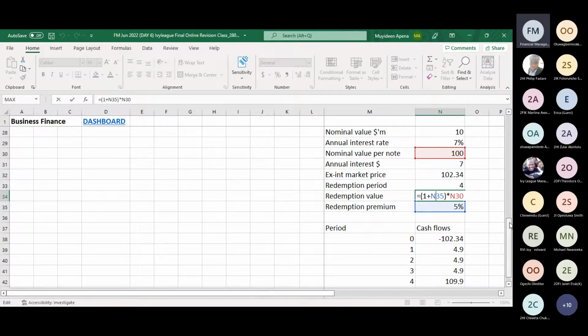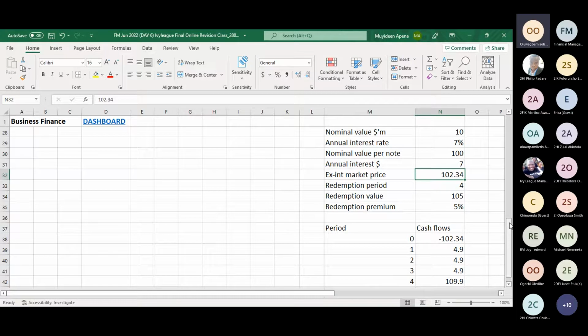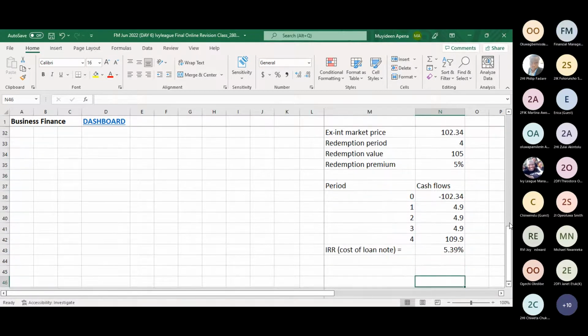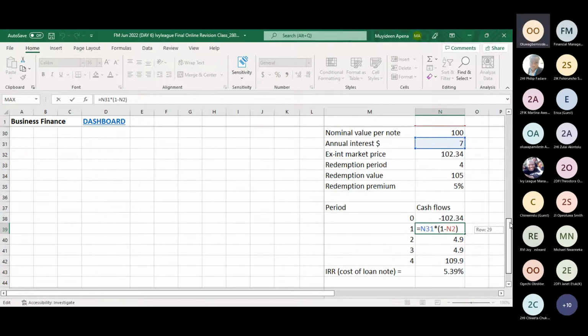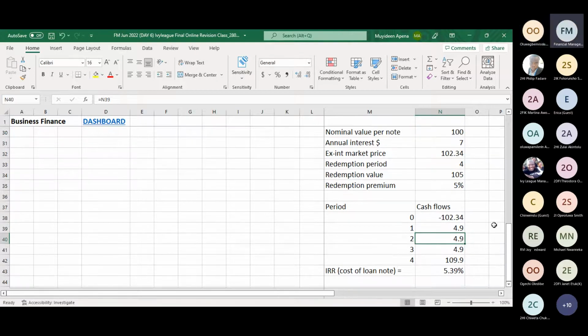Are you comfortable with that? Then one more thing, please place the cursor on the second 4.9. Okay, so we just equate it to this, since it's going to be the same amount.